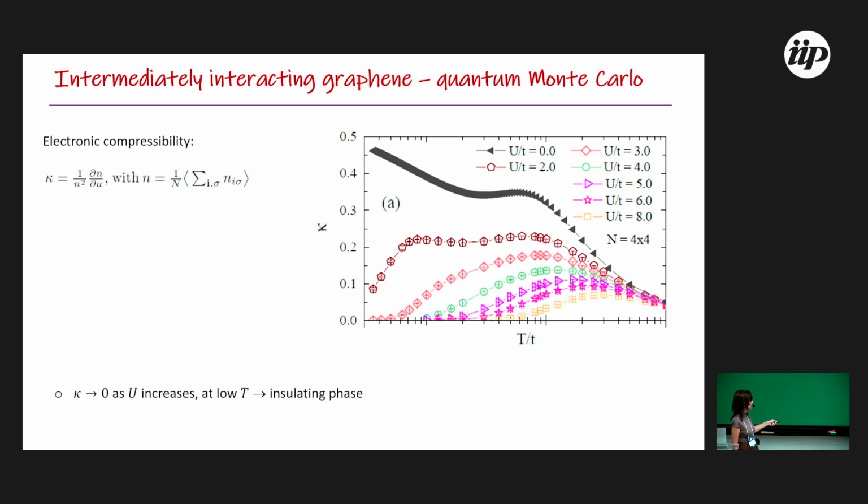So for temperatures which are low enough, as you increase U, the compressibility goes to 0, and this is the signature of the emergence of an insulating phase. So I started with a nodal semi-metal that is becoming an insulator, a magnetic insulator, due to strong or not so strong electron-electron interactions. That's an interesting feature of this material.